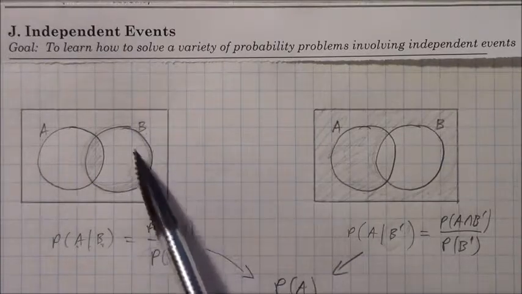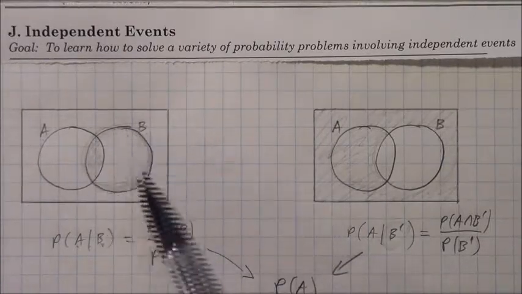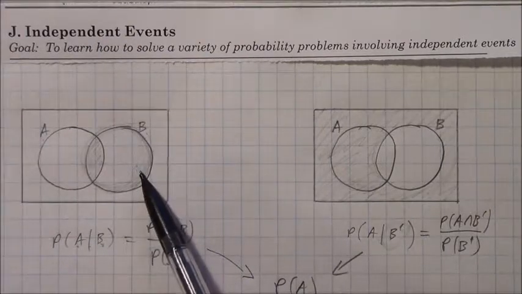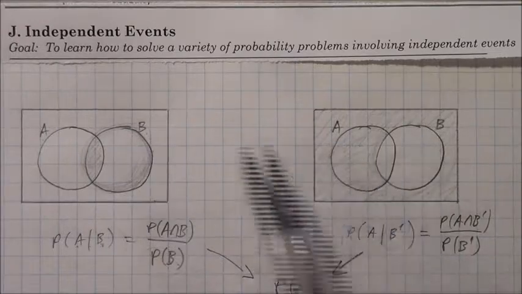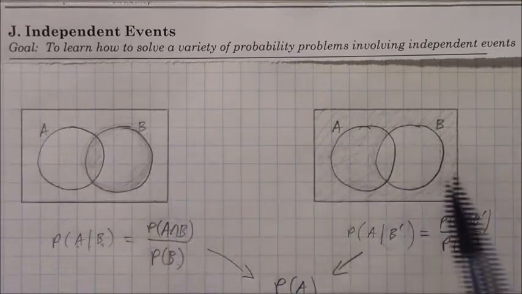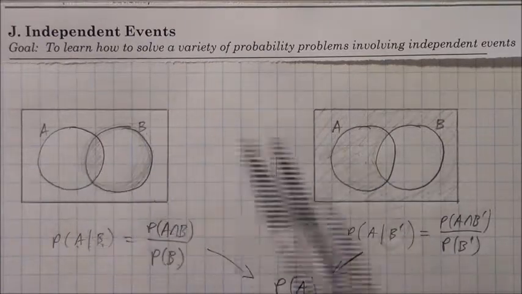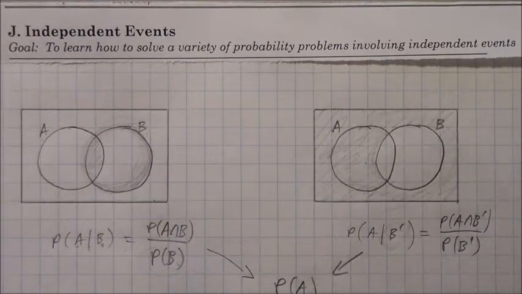Then whether event B, rolling a die, rolls a 5 or not, the probability of flipping a head is still going to be the same. It's still just the same probability as flipping the coin on its own.